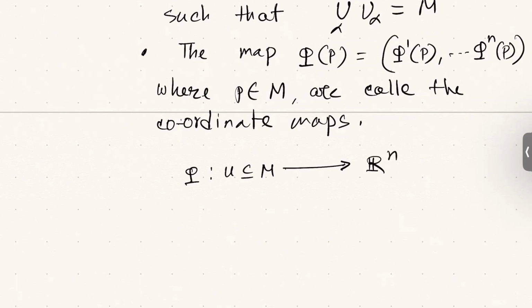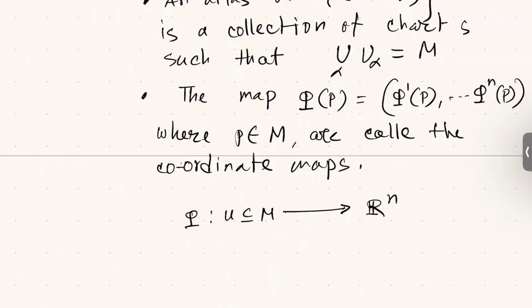That means if you feed a point p to this phi map, then you get an n-tuple.